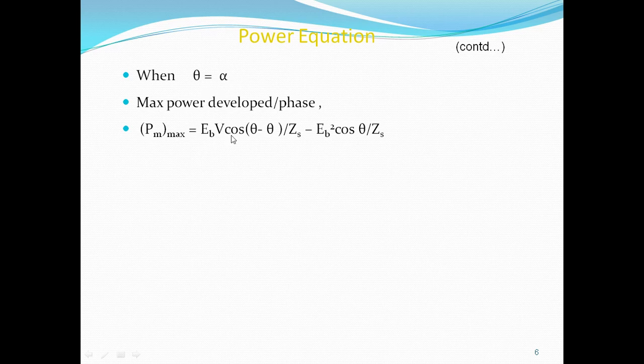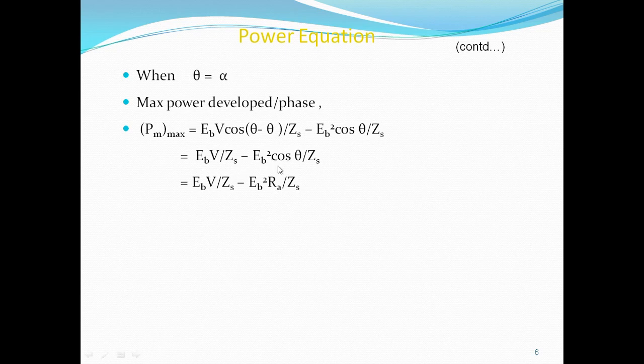So Eb into V cos of theta minus theta, which is cos 0, by Zs minus Eb square into cos theta by Zs. Cos 0 is 1, so we substitute it here: Eb into V by Zs minus Eb square cos theta by Zs.